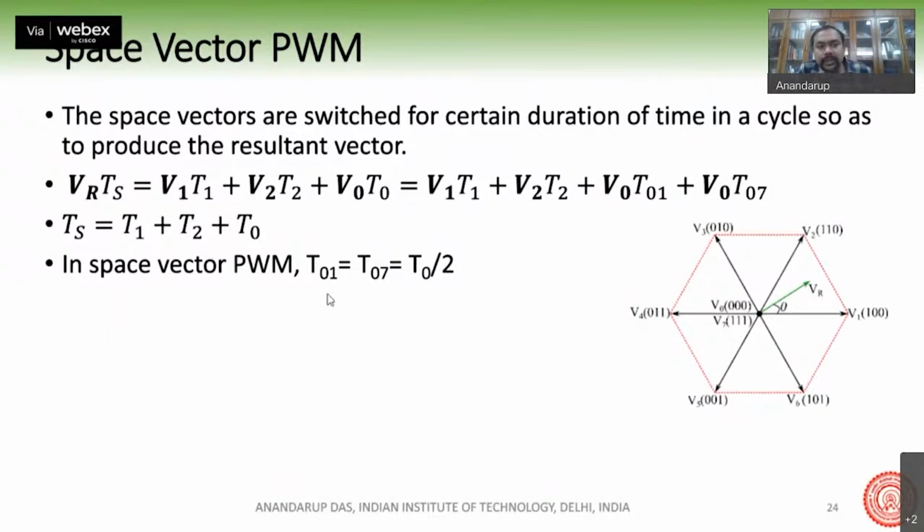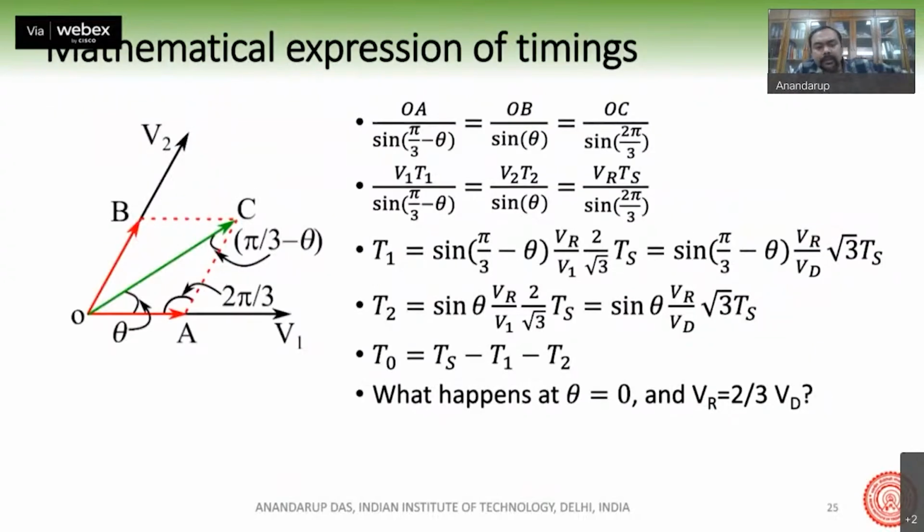Okay, so the relationship is something like this, which is shown: VR into TS equal to V1 T1 plus V2 T2 plus V0 T0, where TS equal to T1 plus T2 plus T0. Now, in space vector PWM, T01 is equal to T07 is equal to T0 by 2. And then you can find out all the mathematics behind it.